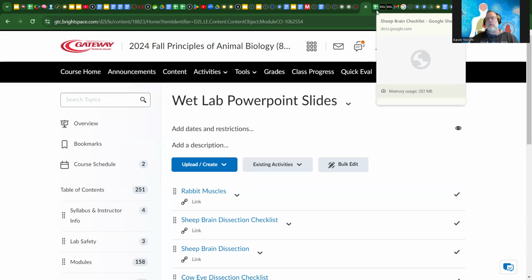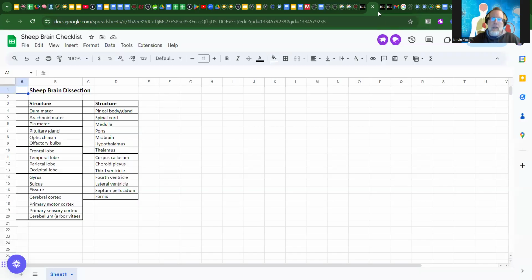So next week, if you do bring your laptop or tablet, or phone maybe, the sheep brain isn't real, so there's not a lot of spritz and ooze and gore or anything. You'll have gloves on.